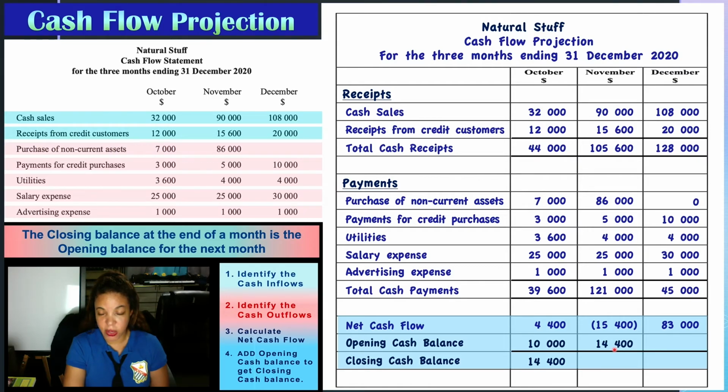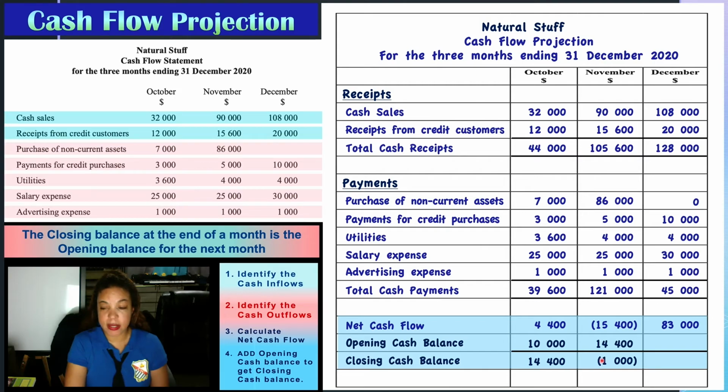Okay, and then you just go back to adding. So you add your negative. Remember, it's a negative figure. So negative 15,400, add your 14,400, and that will give you a negative $1,000 as your closing cash balance for November.